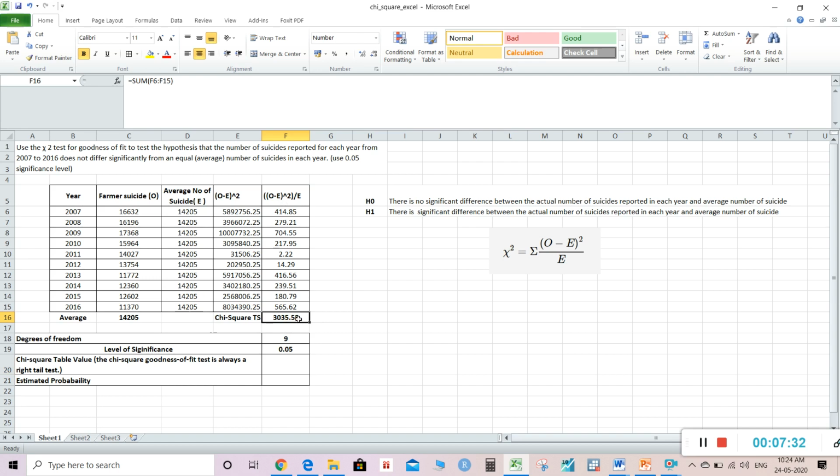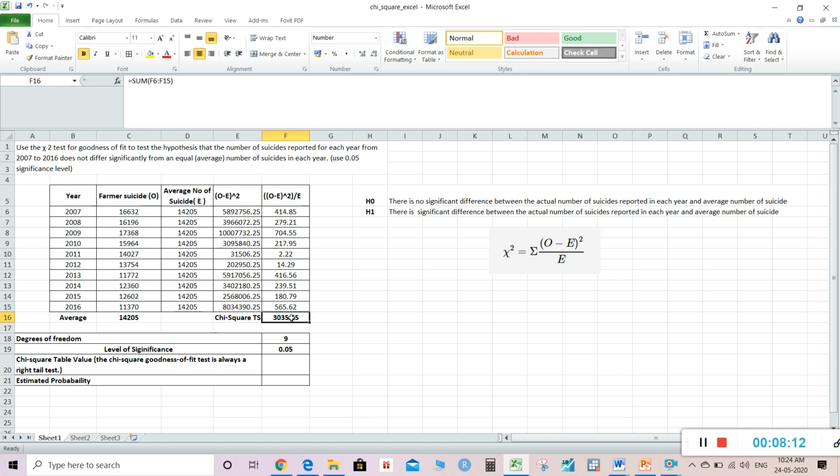Because a small value of this sum is telling you there is no difference between observed and expected value, right? So the larger this number, the more the possibility that you doubt your null hypothesis, that there is no significant difference between the actual number of suicides reported in each year and the average number of suicides, in your case.